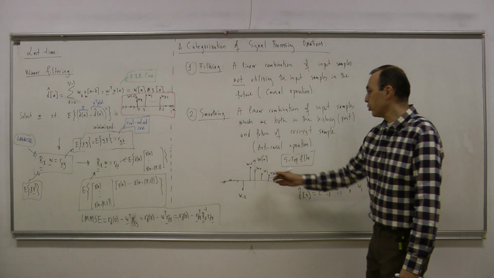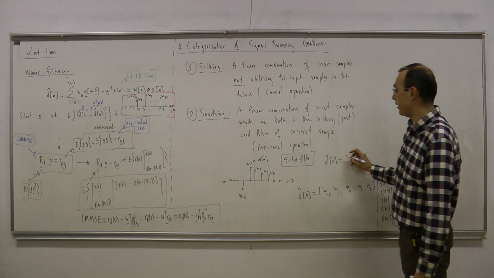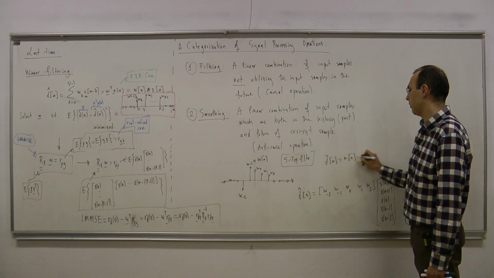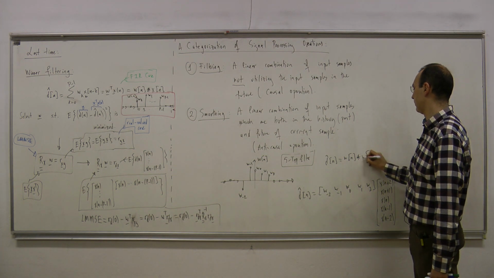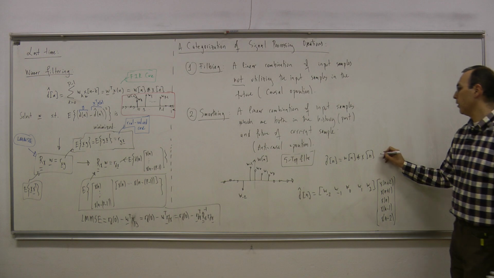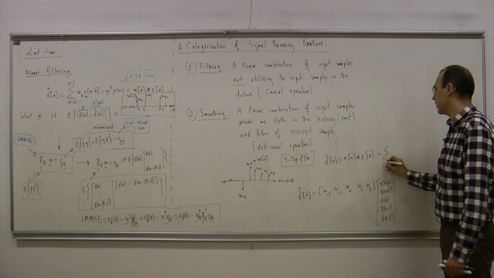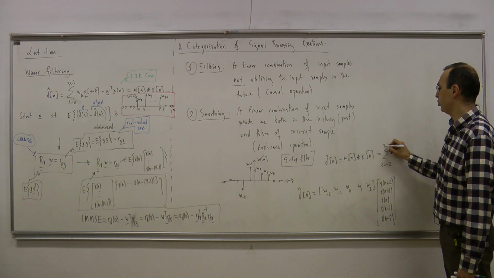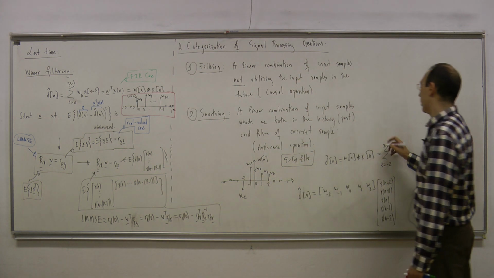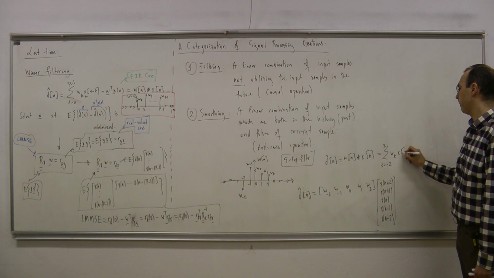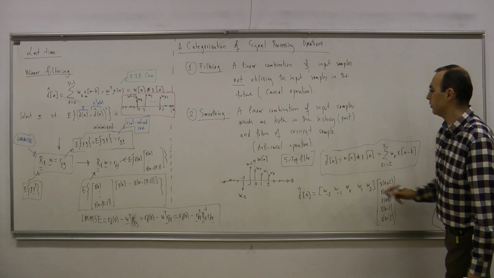So if I write the convolution, d hat of n is equal to w of n convolved with x of n. So how can I write this one? It starts from minus 2 to 2. So I have w k times x of n minus k. So this is our convolution relation.